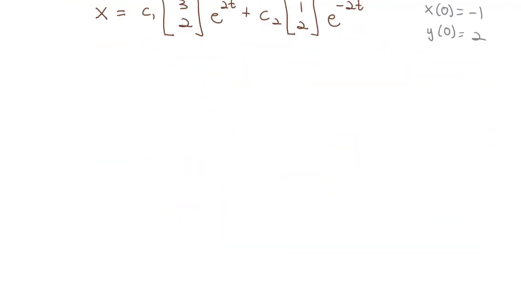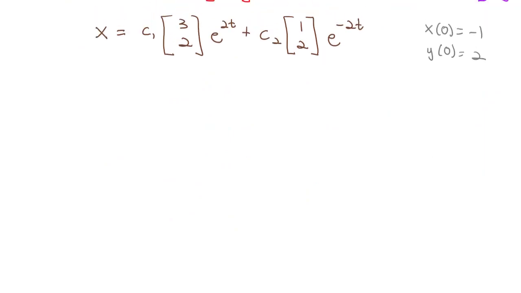So let's look at how we can use that to find out what our constants c1 and c2 are. Well, remember, x is really a matrix representing x of t and y of t.